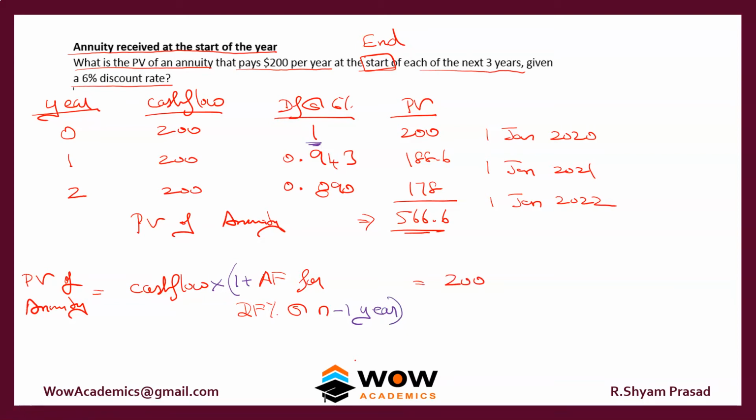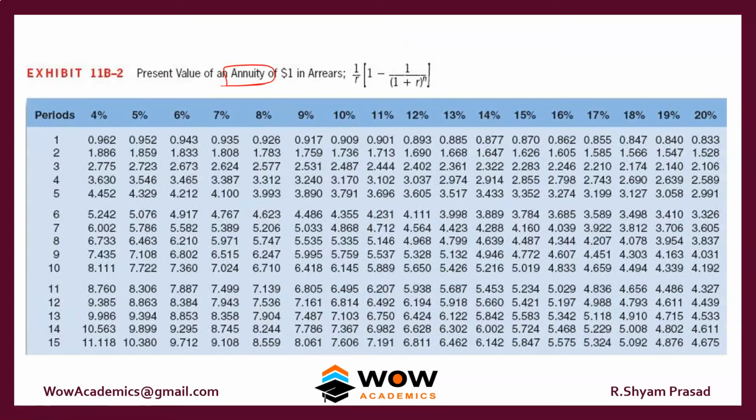Okay, so we'll do this and try to get an answer. The cash flow is the same, 200 into 1 plus the annuity factor for 6% at 2 years. So that is what we want. We'll find out that number. So that will be 200 into 1 plus some number. What is that number? We'll look at the same annuity table.